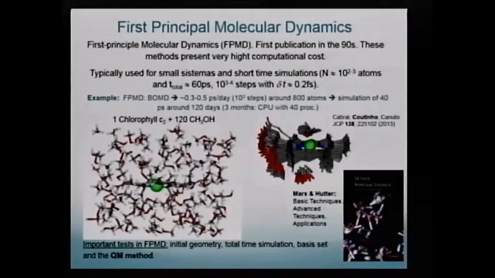You decide the geometry, the method, and the basis set. And you tell the program, of course, if you are going to use periodic boundary conditions or not, if you are going to have the NVE ensemble, meaning constant energy, or if you are going to add a thermostat, but you have no, in principle, parameters involved on that.